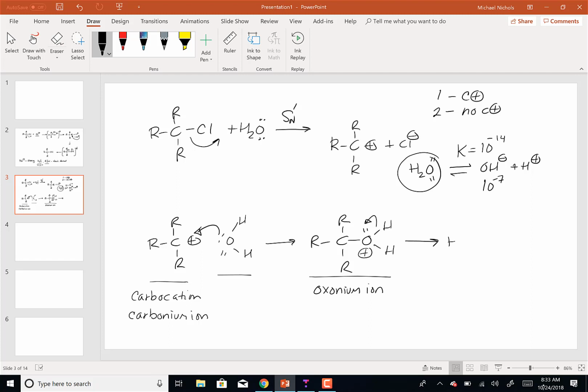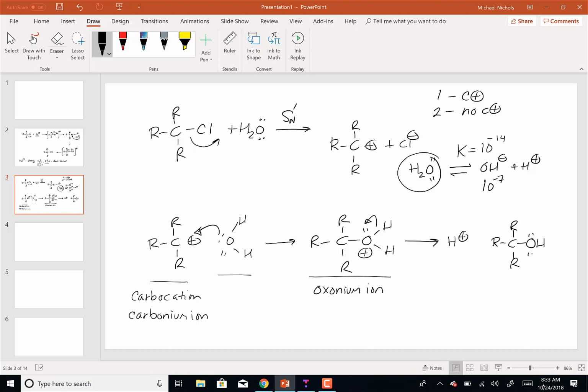We're going to lose or form an H+, and then our final product, which is now going to have the oxygen having a completed octet and now neutral, so we make the OH, so we make the alcohol. And whether you put the H+ over here, say minus H+ over the arrow, you're going to see me do it both ways.